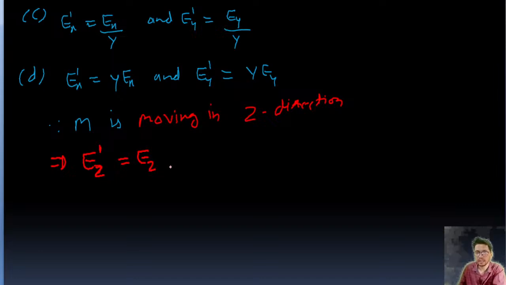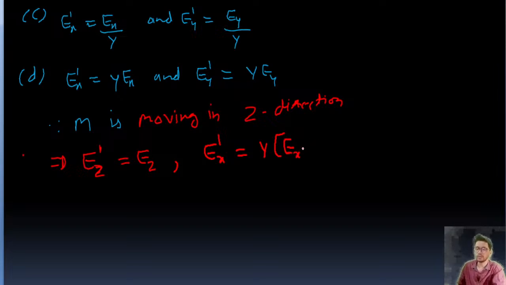This is number one, you need to note down. Second is Ex dash, which is going to be equal to gamma. Very important formula, you need to note down.